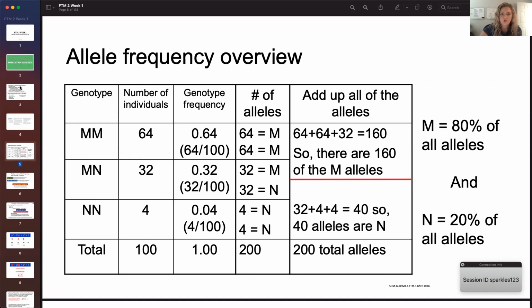So make sure that you're aware that instead of making your total out of 100, hypothetically for the 100%, there are going to be 200 total alleles. And it gets a little bit trickier thinking about the heterozygotes, in my opinion, because you need to count one of the P's and one of the Q's, or here denoted as the M and the N.